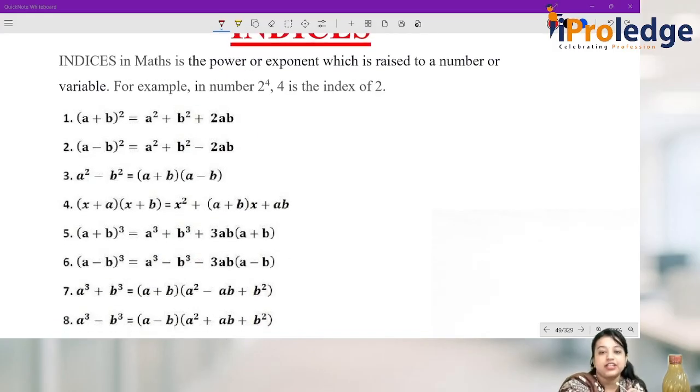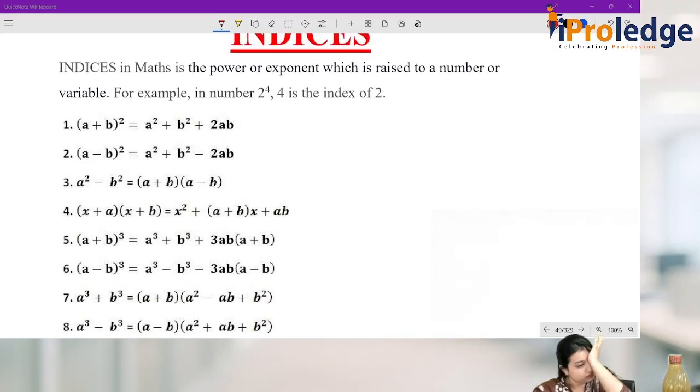Third lesson, indices. Okay, let's move on to the indices.